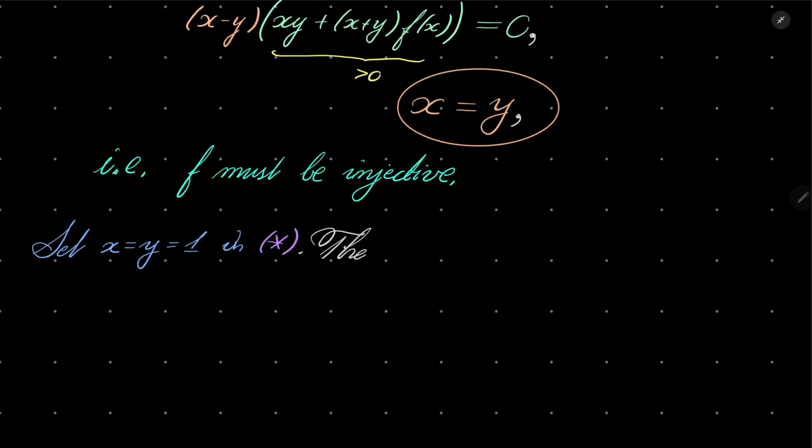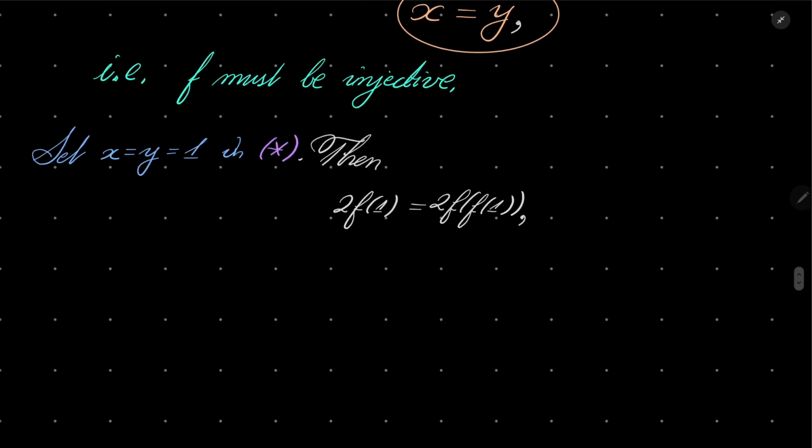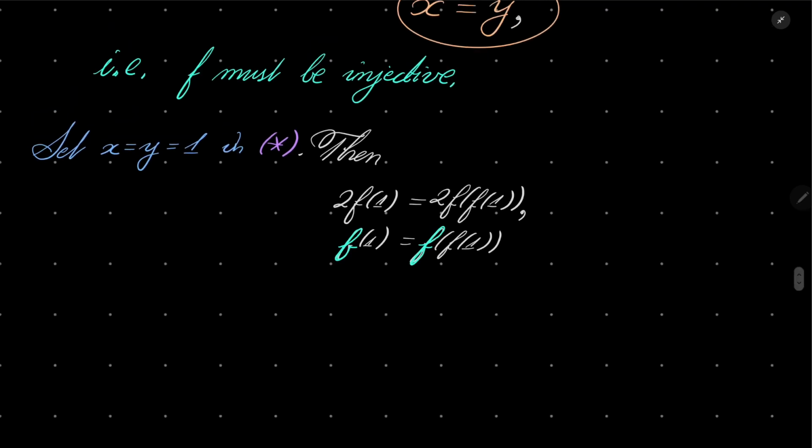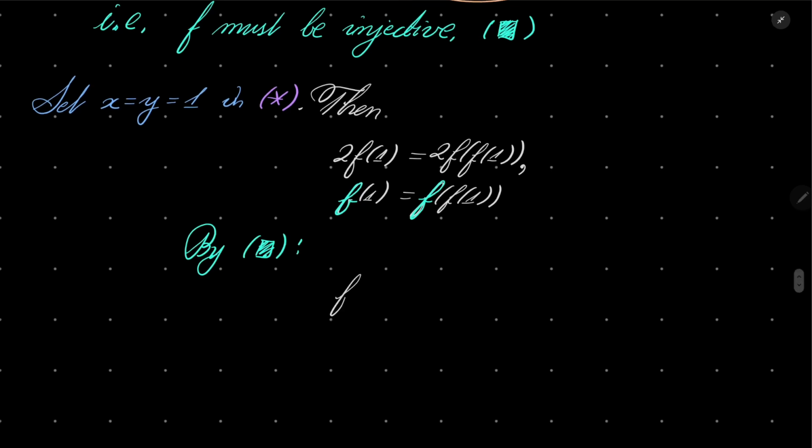Then, as we have noticed, 2 times f(1) equals 2 times f(1). So f(1) equals f(1). And now, using injectivity, since here we have f of something, on the right hand side we have f of something else, by injectivity, which I will mark square, by our condition square, it must be the case that f(1) actually equals 1.